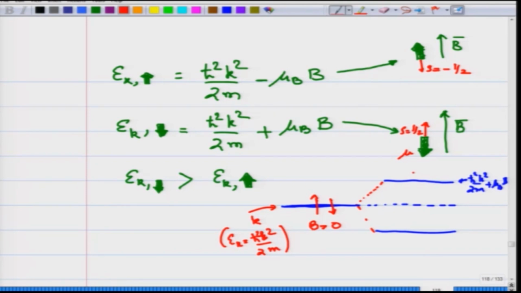electron, which has a magnetic moment pointing down, opposite to the magnetic field direction B. And similarly, the down state has spin down, but the magnetic moment is pointing up.